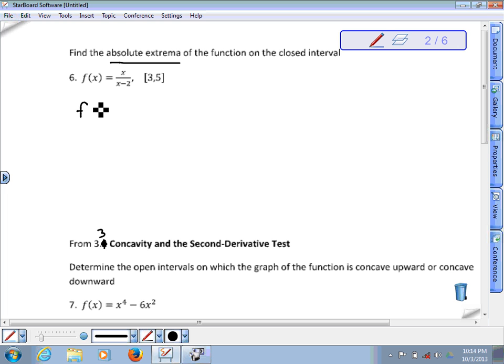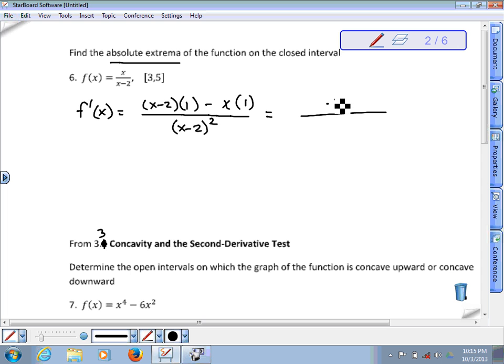So we have to find the first derivative and set it equal to 0 to find the critical values. Again, using the quotient rule, it's the bottom function times the derivative of the top function, minus the top function times the derivative of the bottom function, all over the bottom function squared.